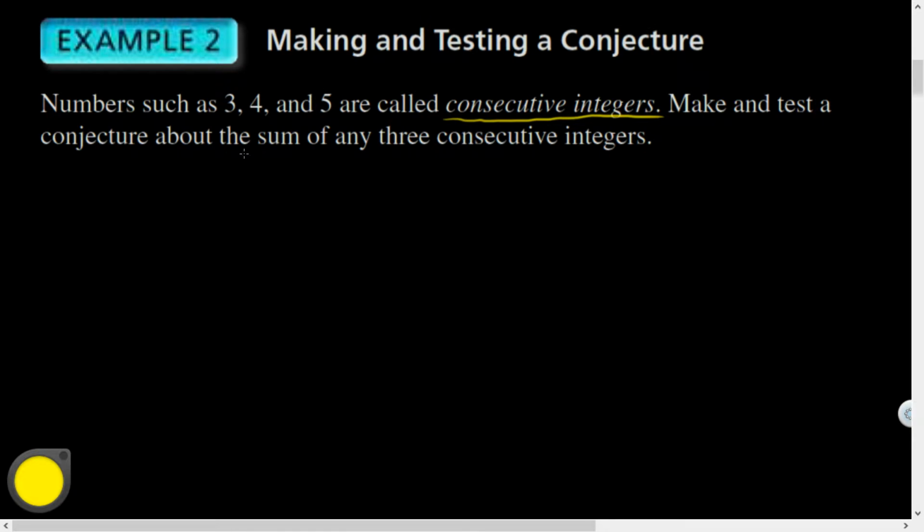Make and test a conjecture about the sum of any 3 consecutive integers. So I'm going to have to come up with a way to describe consecutive integers. The first one I could call x. What would the next consecutive integer be if my first one was x?